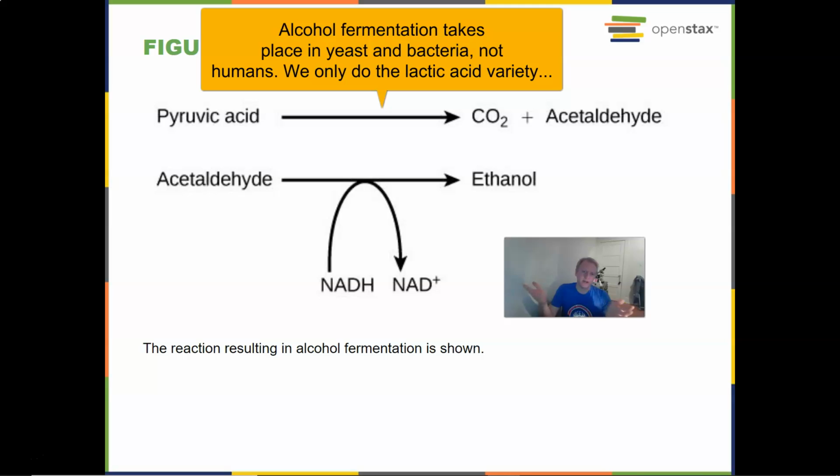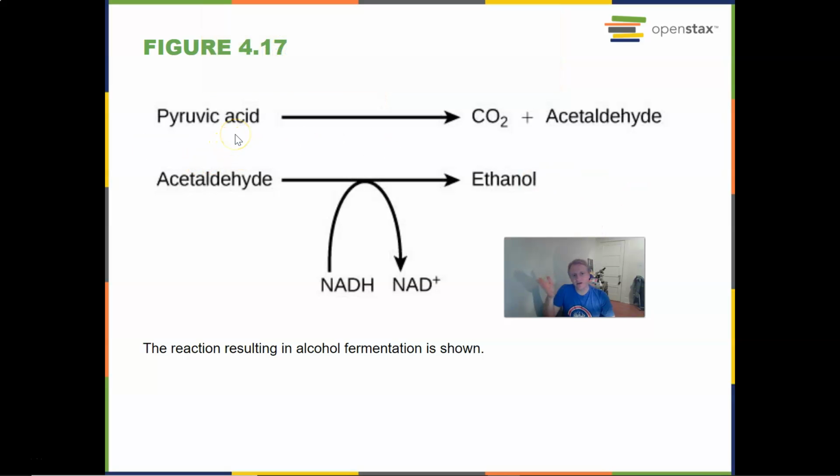The other kind of fermentation that can take place is alcoholic fermentation. So pyruvic acid, instead of getting converted into acetyl-CoA, is getting converted into this molecule called acetaldehyde. Acetaldehyde. Okay?